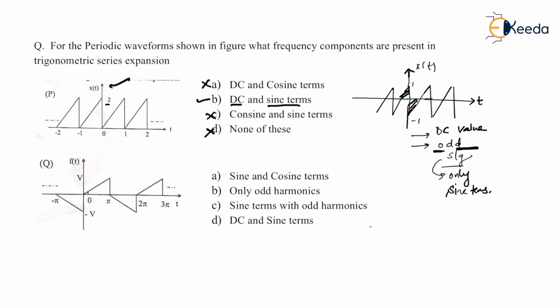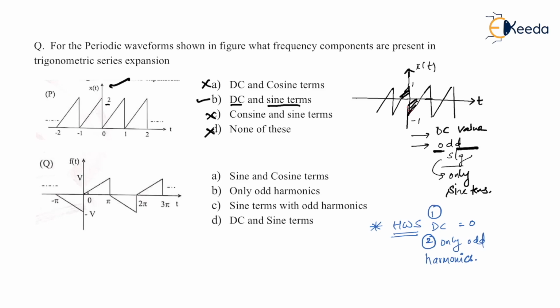Since it is not hidden half wave symmetry, it is originally having half wave symmetry. In such cases, DC value is always equal to 0. This is the first conclusion we should get. Second conclusion, since it is half wave symmetry, it will have only odd harmonics.